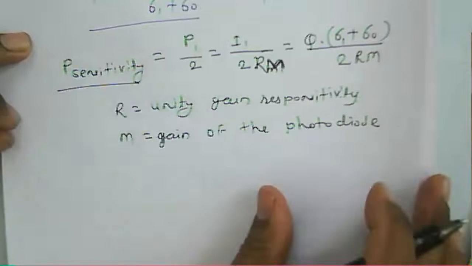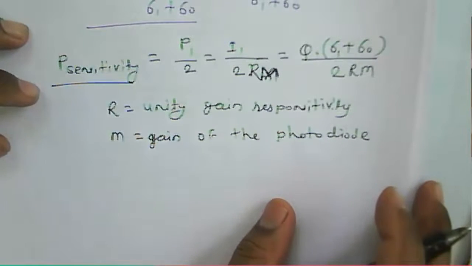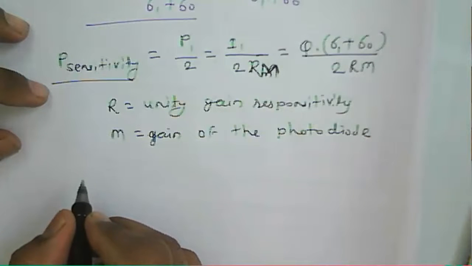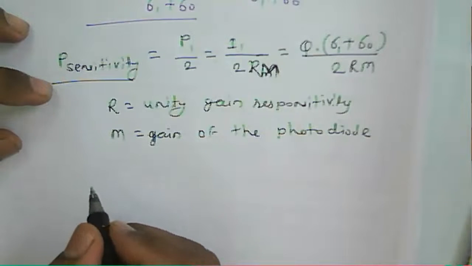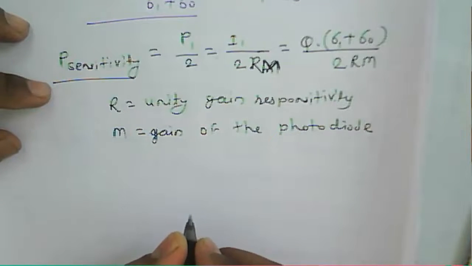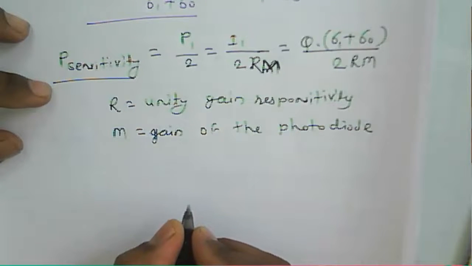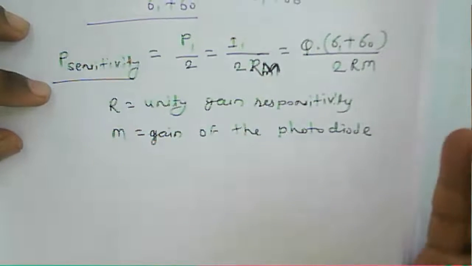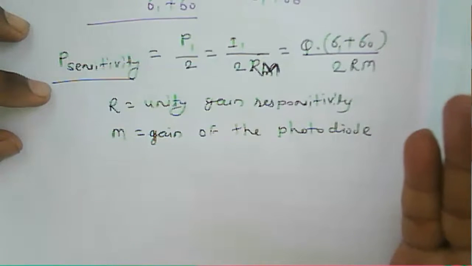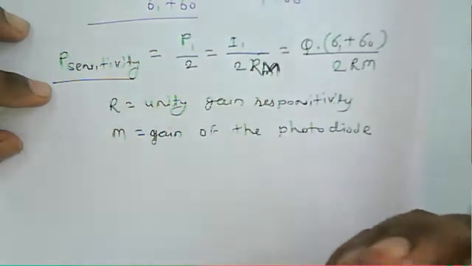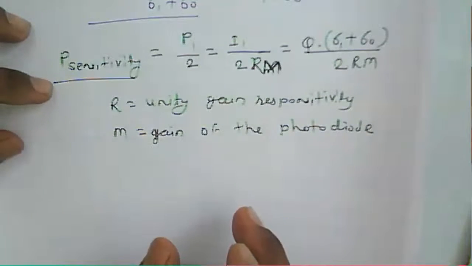So now the receiver sensitivity depends upon whatever noise is present. Generally there are thermal noise and shot noise. The thermal noise arises at the load, and shot noise is generated when light falls on the detector.